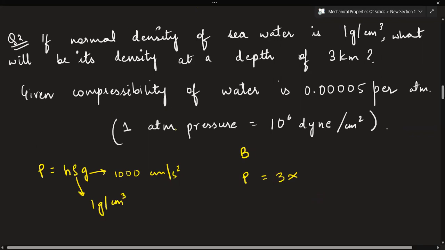See, bulk modulus is very easy to calculate if you look at the question carefully, because compressibility is given to you. If you have the compressibility, you can calculate the bulk modulus.